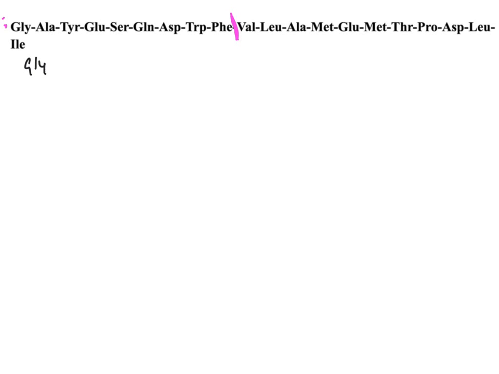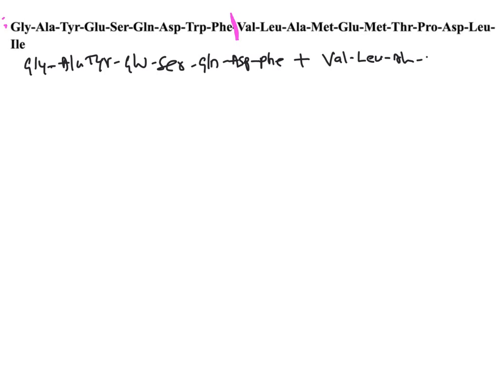Now I have glycine, alanine, tyrosine, glutamate, serine, glutamine, aspartate, and phenylalanine. This is my first fragment. My other fragment will be, plus, valine, leucine, alanine, methionine, glutamate.